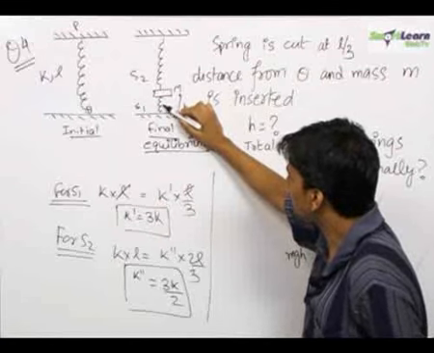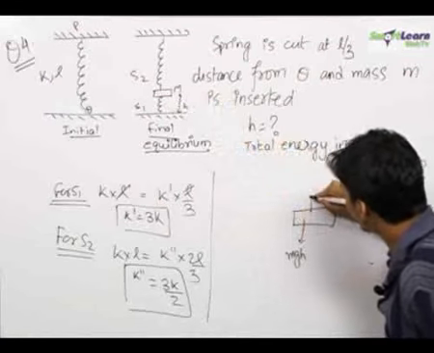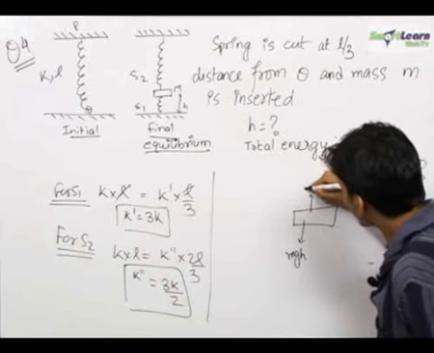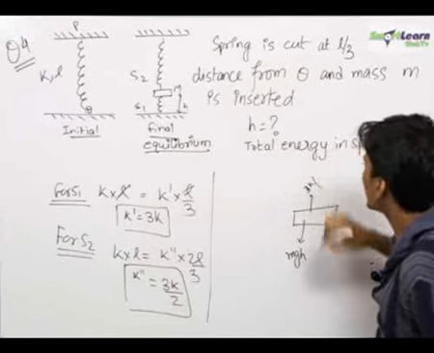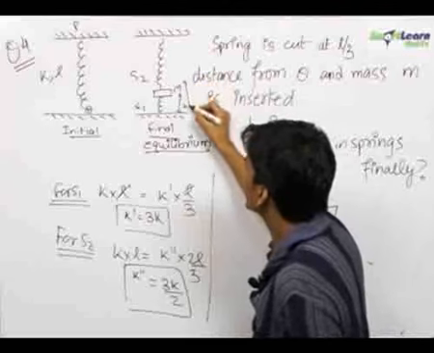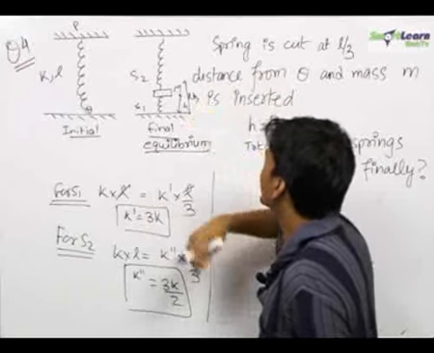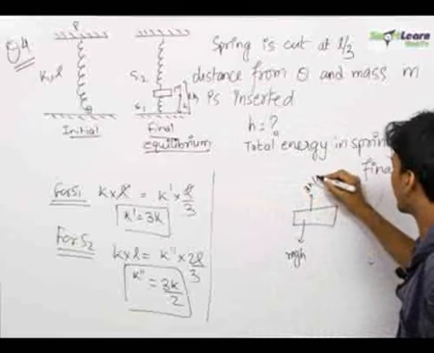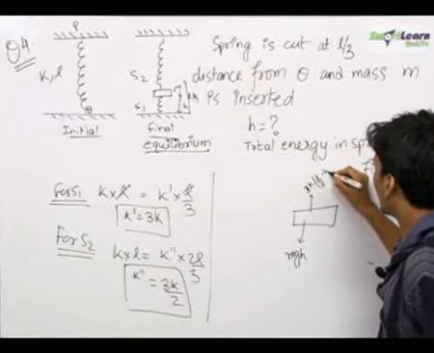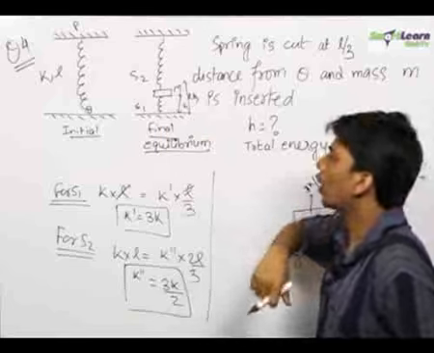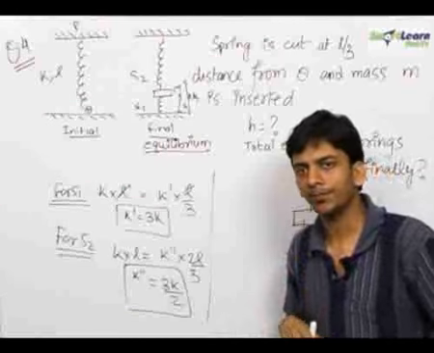Therefore this spring will exert a force in the upward direction that is equal to the spring constant of the spring into the compression in the spring. The compression in the spring can be written as L by 3 was the natural length. Therefore L by 3 minus h is the compression in the spring. Therefore this is the force exerted by lower spring on the block in the upward direction.